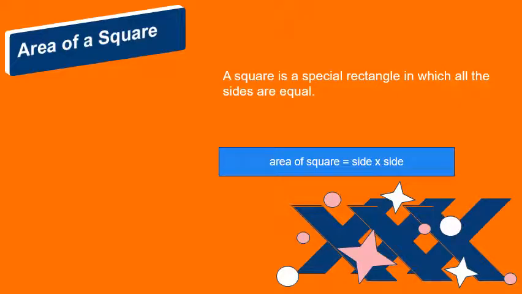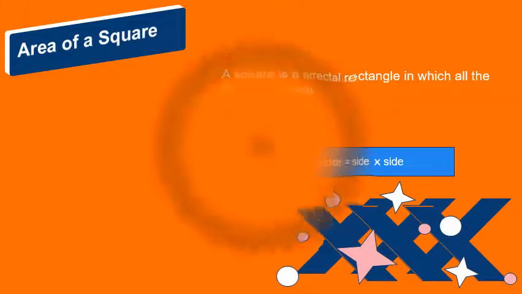Well, area of a square is equal to side multiplied by side, as we know that in a square, all the sides are equal. Children, now you have learned how to find out the area of a rectangle and area of a square.